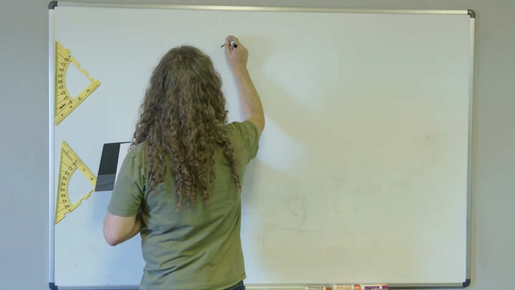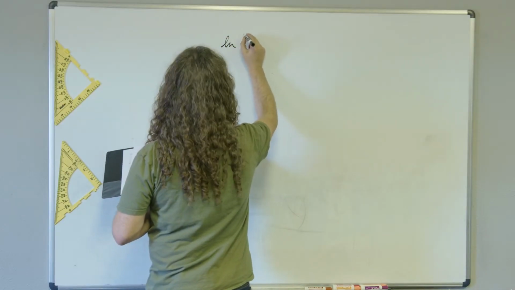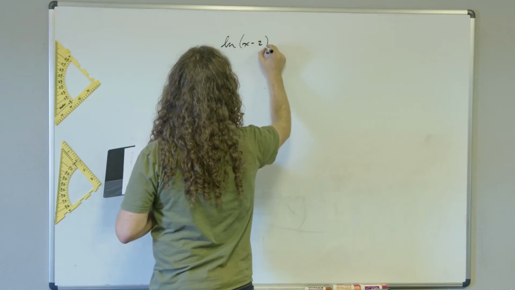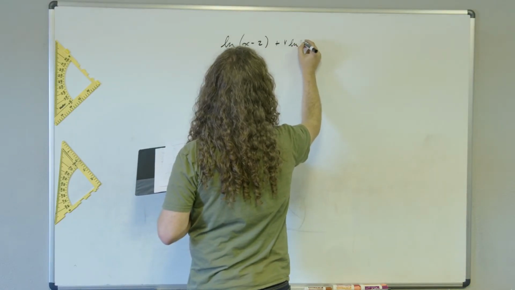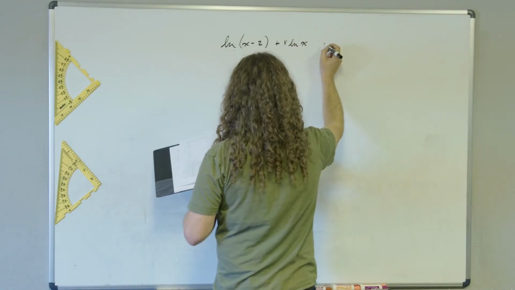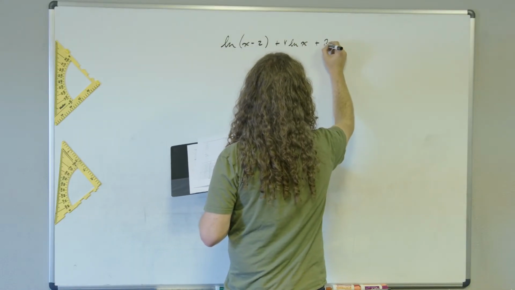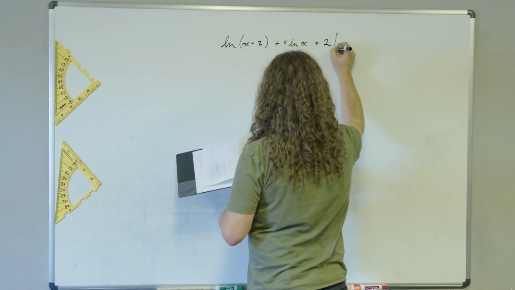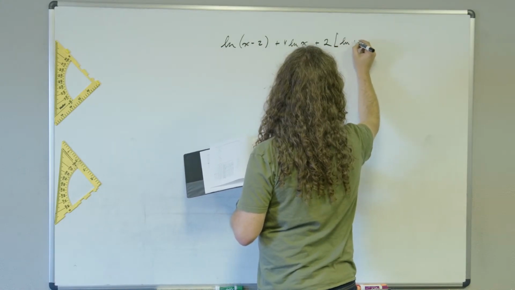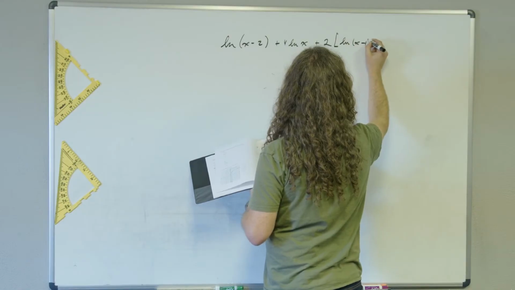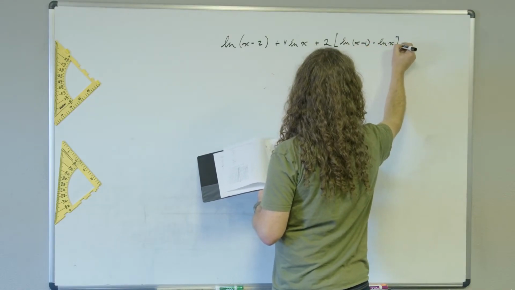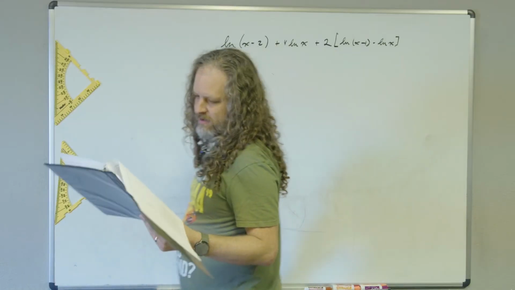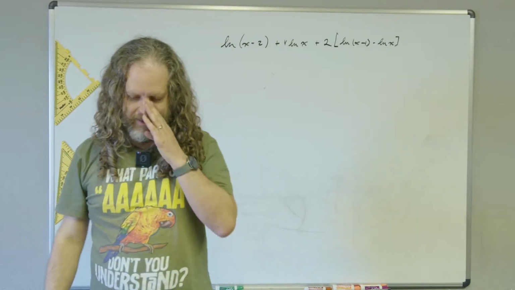So we started with the natural log of x minus 2 plus 4 natural log of x plus 2 times the quantity natural log of x minus 1 minus the natural log of x. And we are expected to condense it.